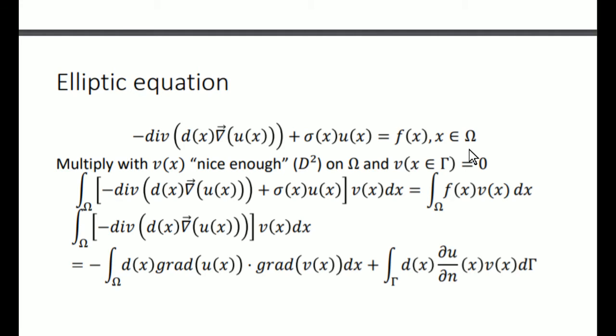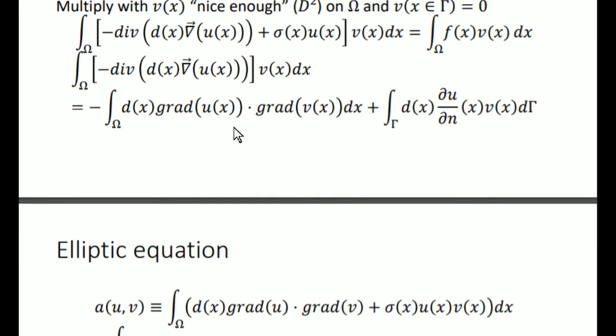It's an identity of the divergence operator, in which you can split when you have this sort of problem, and you have a term that is a product of two gradients and a term that is on the boundary gamma. Now we have this junk. For a Dirichlet condition, obviously, if u is equal to 0 at the boundary, the derivative to the n is equal to 0. So all this junk disappears.